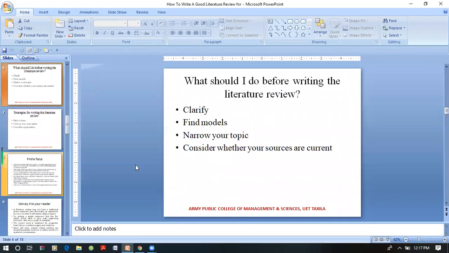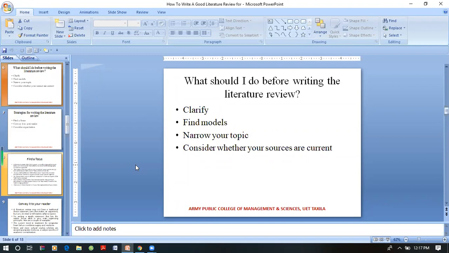But what should I do before writing the literature review? This is the question. You must be very clear about your problem statement. You must be clear about the models that you are trying to work on. You must narrow your topic as much as you can. And consider whether your sources are current, state of the art, or updated.